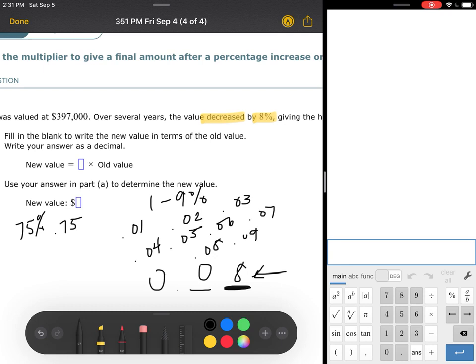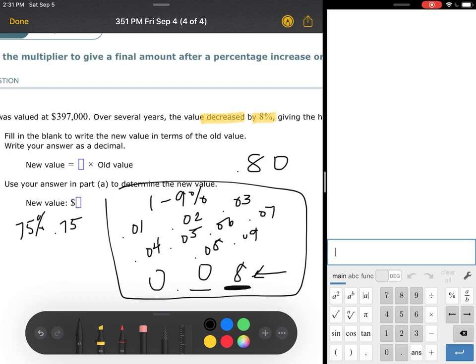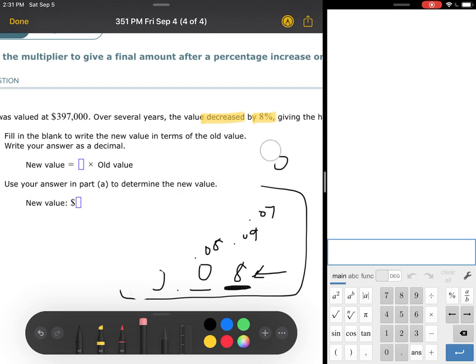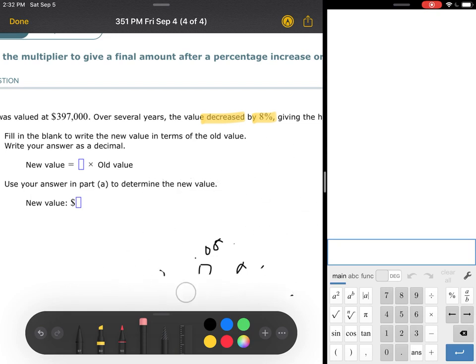So that is the reasoning as to why it is 0.0 something, instead of just saying 0.8. That is 80%. If you need to write this down somewhere, do that. I just want to make sure that everyone's clear as to why that is.